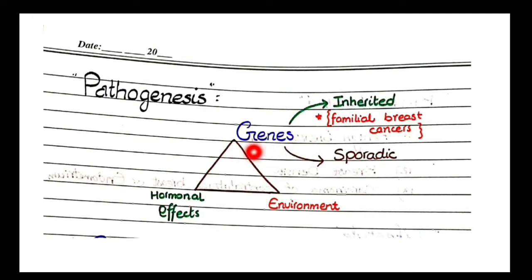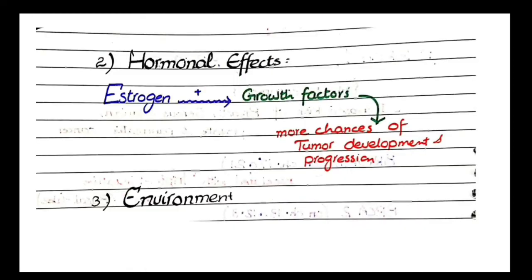Now other than these genetic tendencies, the second effect is that of hormones. We have already discussed in the introduction and risk factor section that estrogen causes release of some growth factors that increase the chances of tumor development and progression. So remember, all the risk factors that cause an increase in estrogen exposure result in increased susceptibility to breast cancer.